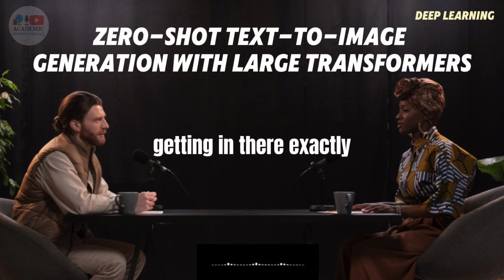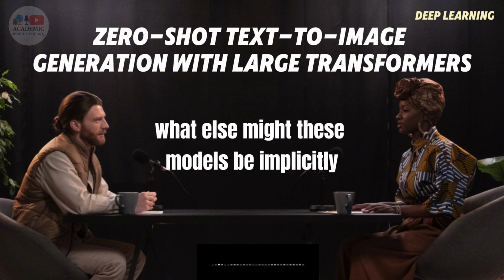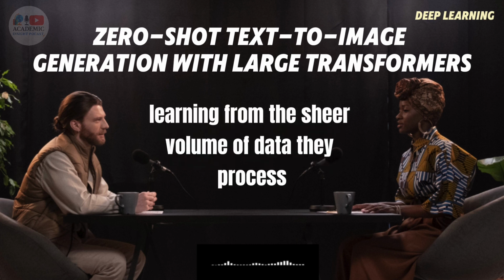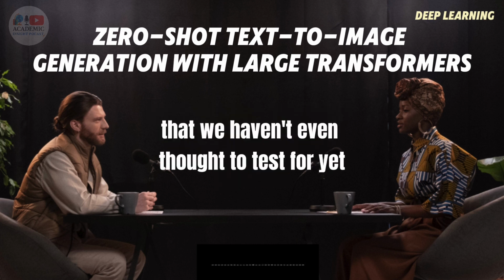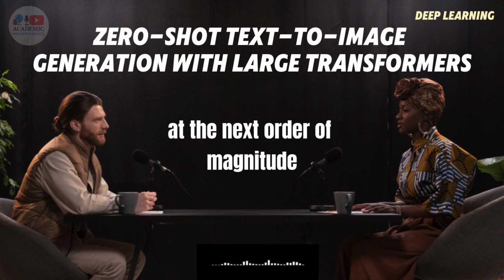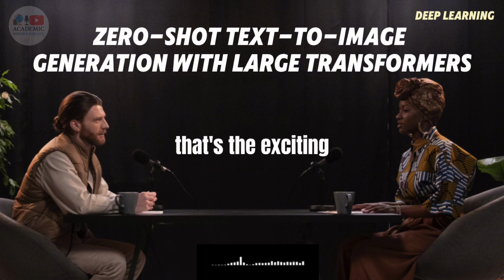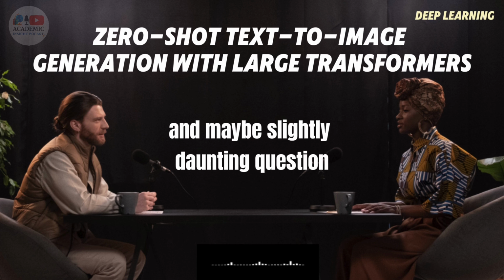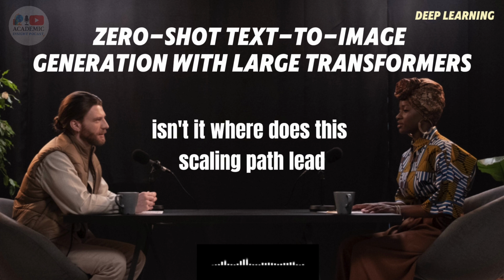Right. What else is hiding in there? Exactly. What else might these models be implicitly learning from the sheer volume of data they process that we haven't even thought to test for yet? What capabilities are waiting to pop out at the next order of magnitude? That's the exciting and maybe slightly daunting question, isn't it? Where does this scaling path lead?